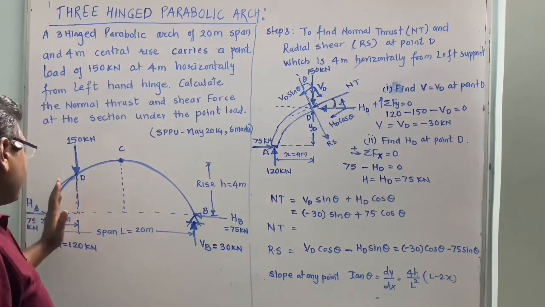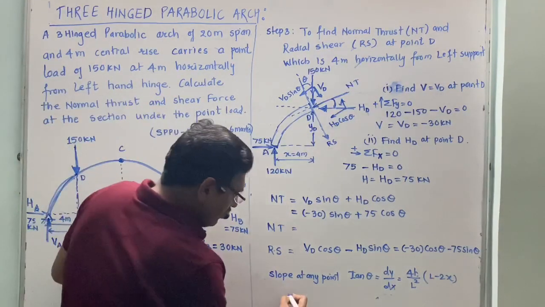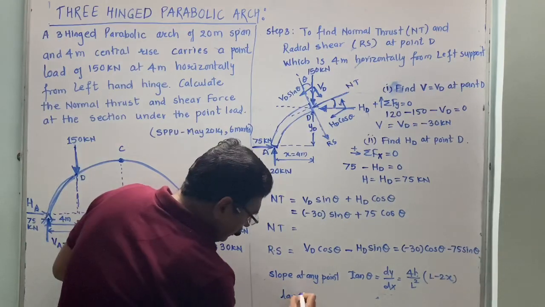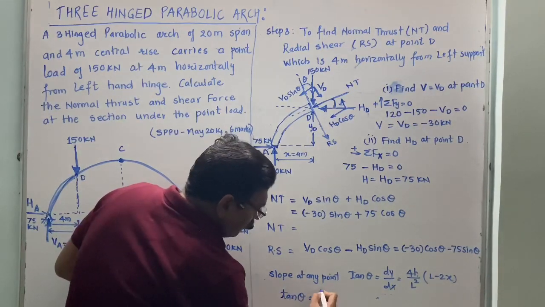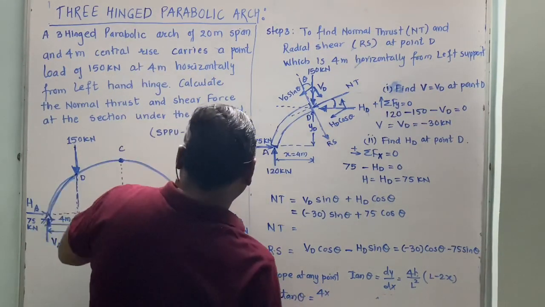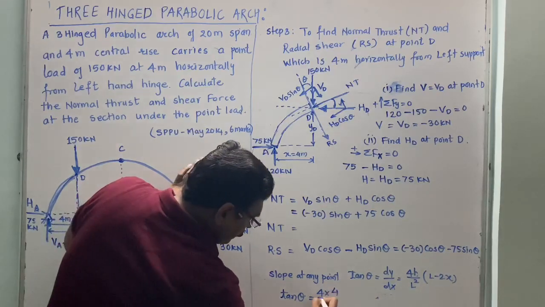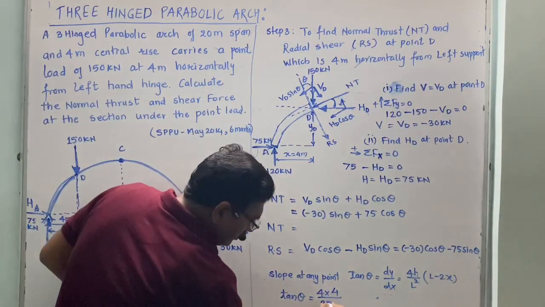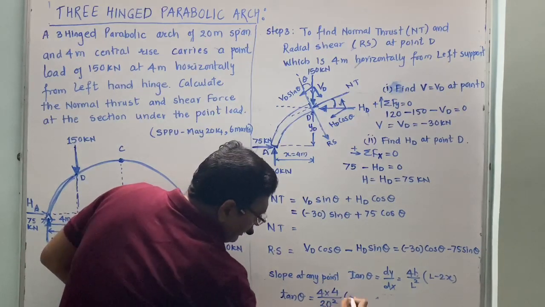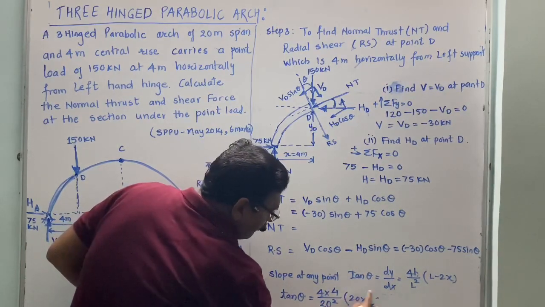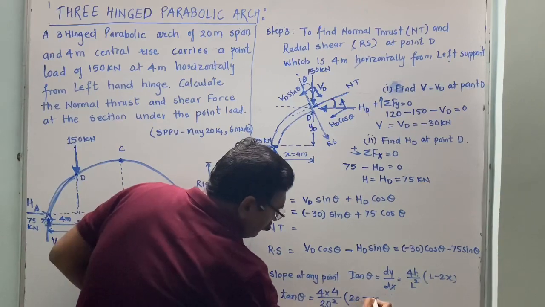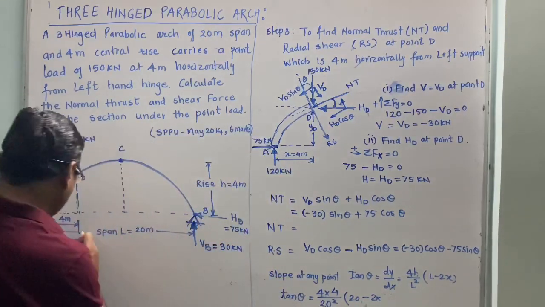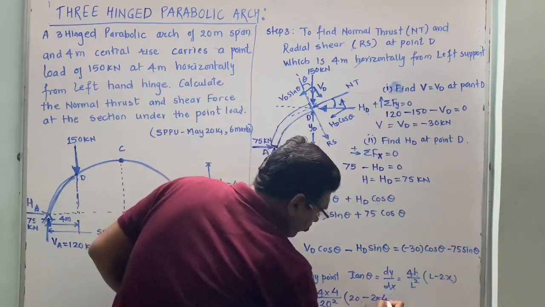So we have to calculate theta at a distance of 4 meter. So hence tan theta is equal to 4 into rise, here 4 meter, upon length 20 meter, 20 square, into length 20 minus 2 into x, which is 4.